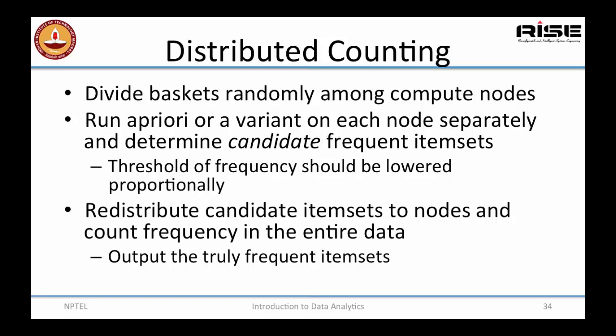You could still do this in a distributed fashion. Each node will count the frequency of the candidate item sets, and then at the reducer you could combine the frequencies reported by each node, and report the frequency of the item set on the entire data.